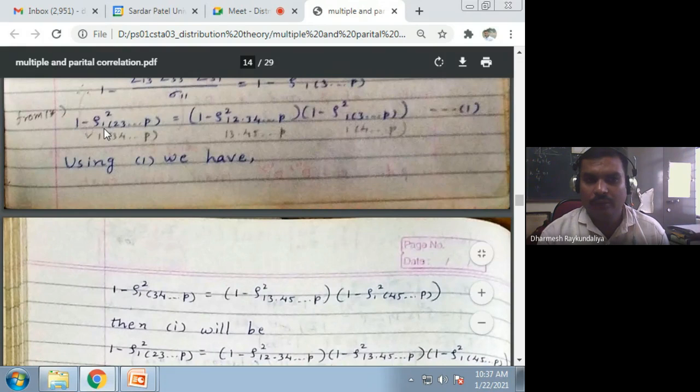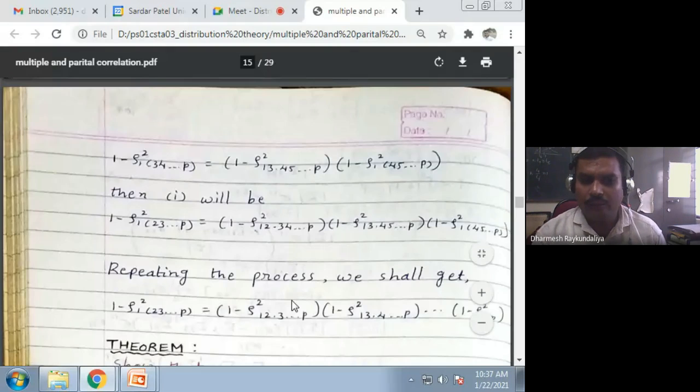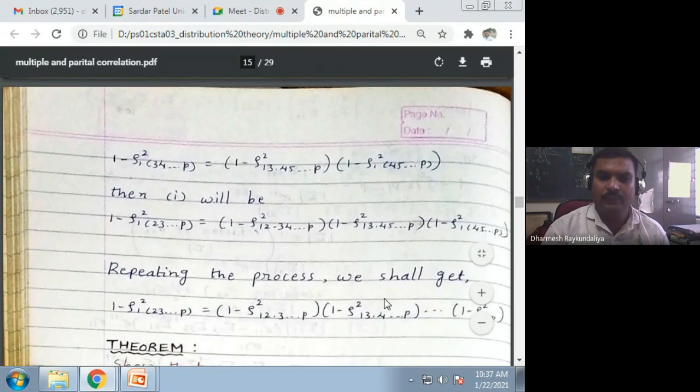Here 1 2 is partial and 1 3 up to p is multiple. So just substitute this value here and continue with the process, you will get this result.